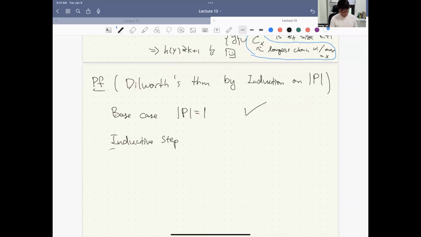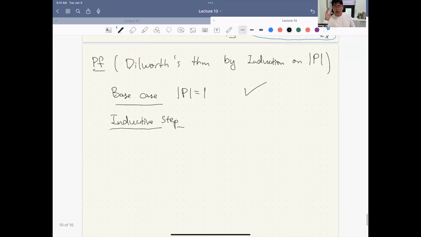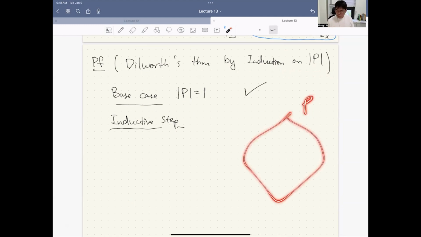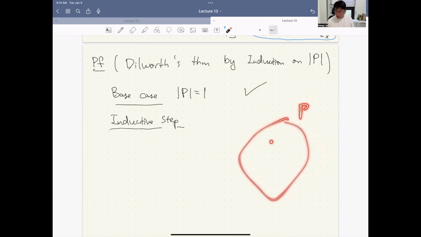For the inductive step, I already told you that we are going to use induction on P. So we somehow have to peel off one element from P. Right here is your P. You have to get rid of an element in P and look at a smaller poset with size P minus 1. Then we can use the induction hypothesis.